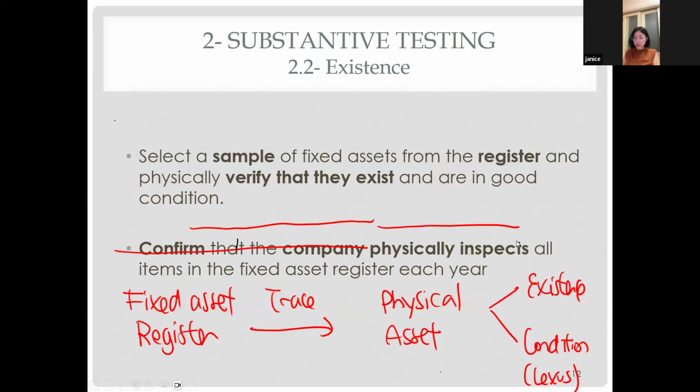All right. And then the second thing that we have is, we can also ask the client if they personally confirm that the company physically inspects all items in the fixed asset register each year. This should actually be a good control, right? But I think the second one is not as strong as when we do it ourselves, right? We select a sample from the register and we trace to the real items.